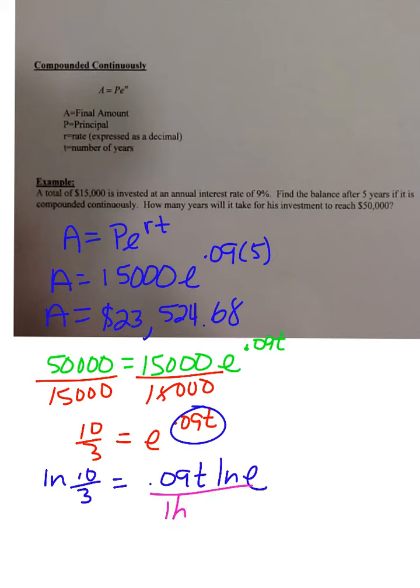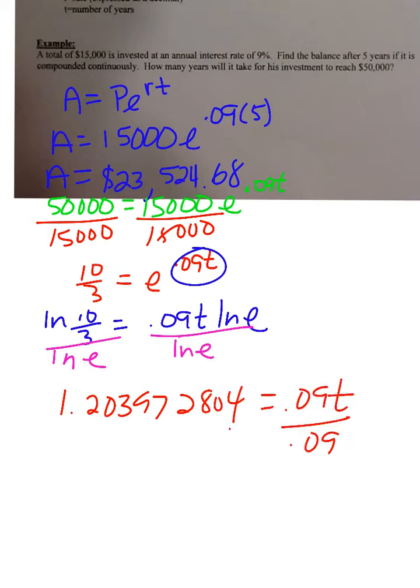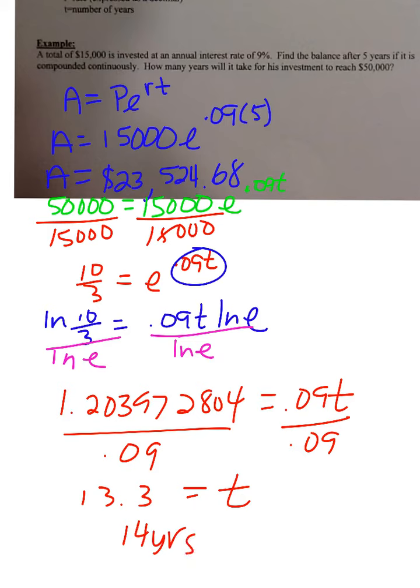So ln 10/3 divided by ln e, and we get 1.203972804 equals 0.09t. Divide both sides by 0.09. And we get t is 13.3, so it'll take 14 years for his investment to get to $50,000.